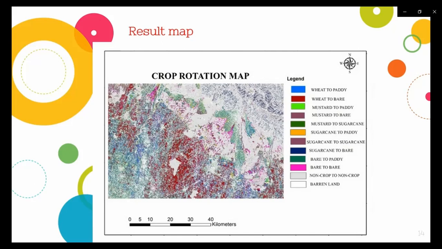So these are various classes that have been generated for the crop rotation map.